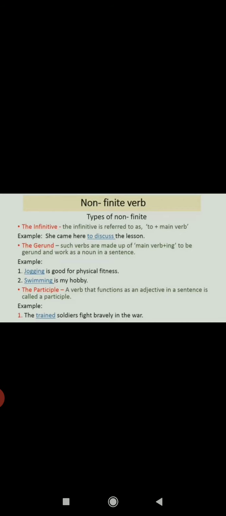Then next is the participle. A verb that functions as an adjective in a sentence is called a participle. As example: the trained soldiers fight bravely in the war. So students, all these are non-finite verbs and their types.